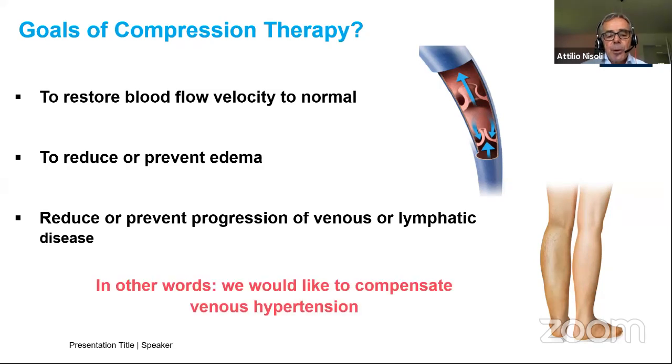In other words, we would like to compensate venous hypertension, which these people actually suffer from. Because as we all know, the elasticity of a vein vessel is more or less 200 times bigger than that of the arteries. So running into venous vessel difficulties is quite easy.